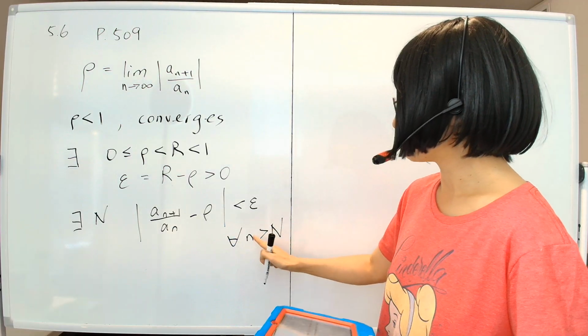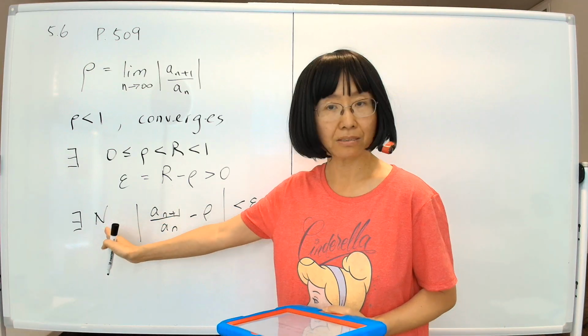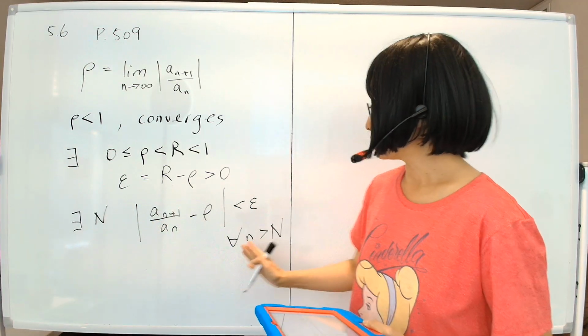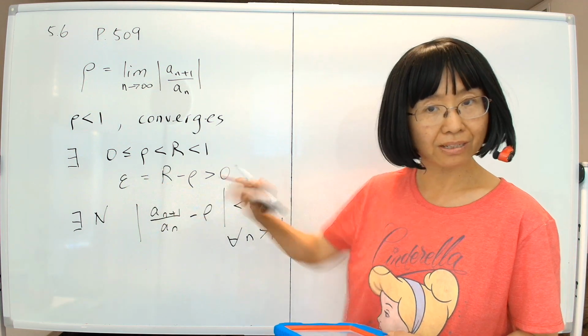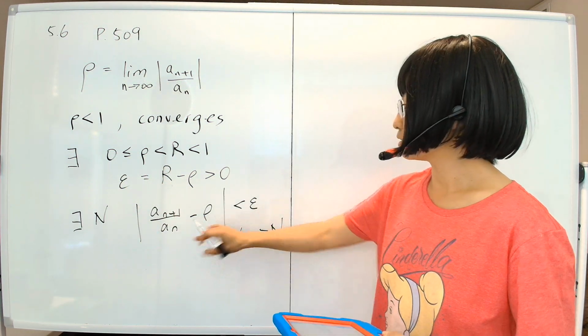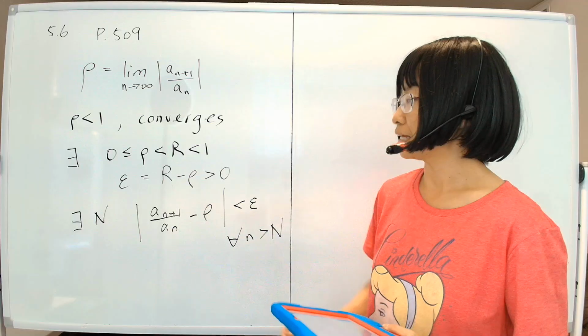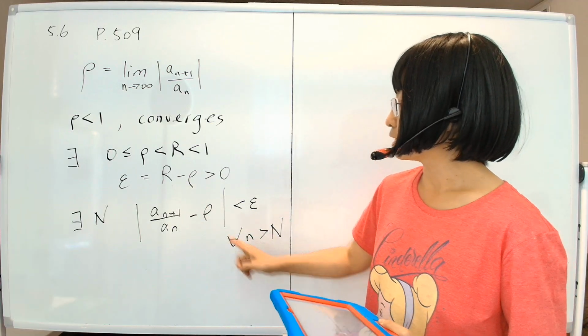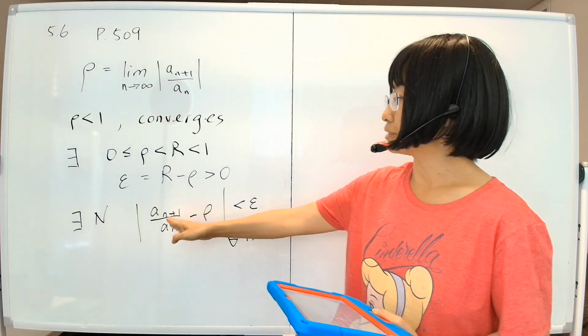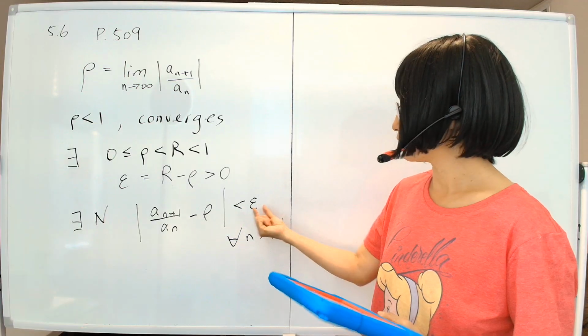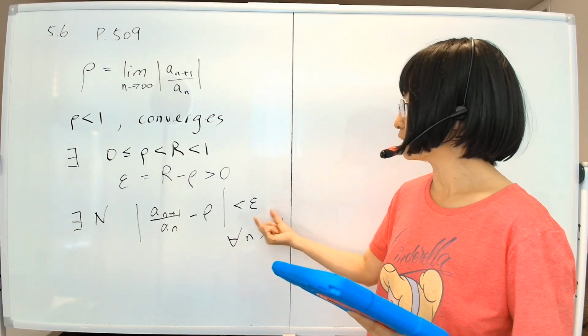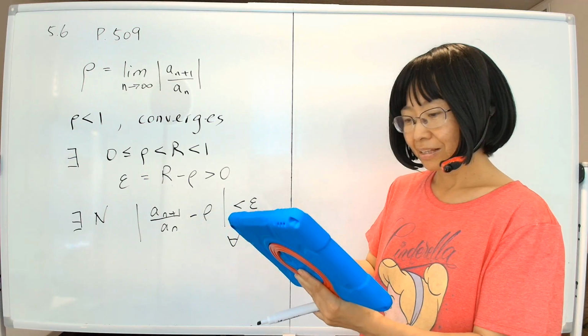So we can find some certain number big N such that every small n bigger than big N, all infinitely many of them, is going to satisfy this condition as long as n is big enough. Remember, this thing is approaching rho, so that makes sense, right? They're very close. You allow us epsilon, and it will be inside.